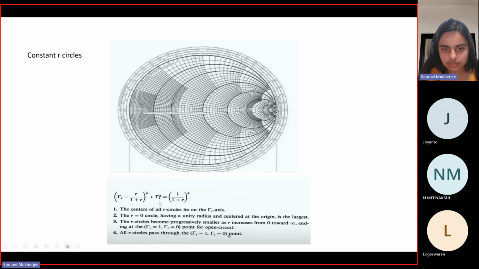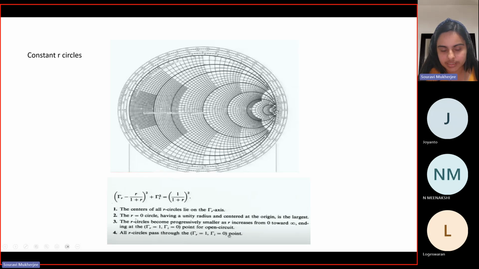From here you can find the centers of our circles. You can see that the centers always lie on the x-axis, and it is given as r by 1 plus r comma 0. So the centers of all our circles lie on the tau r axis.